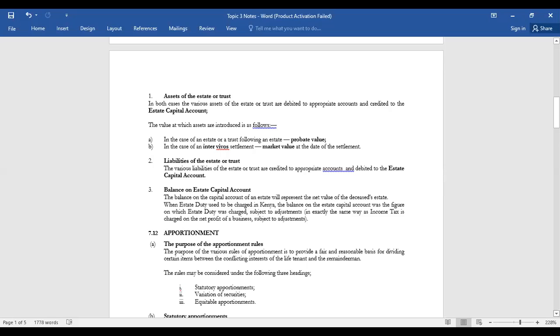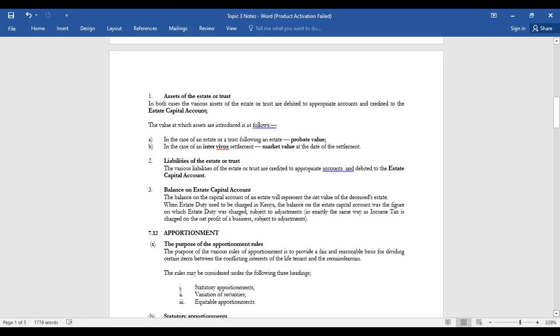In case of the estate, or a trust following an estate, we use what we call probate value. I don't want people here to be confused. When we are talking of the probate value, this is the value of the assets at the time of the person's death.